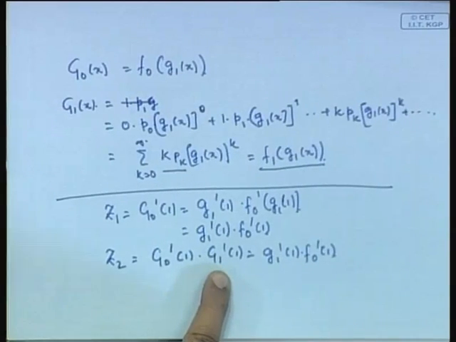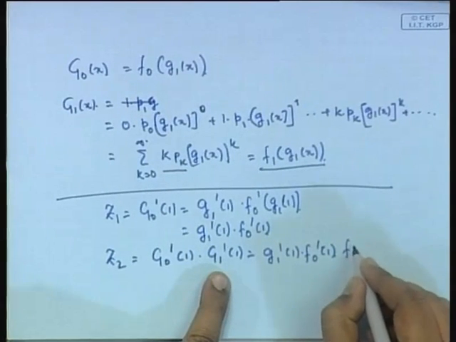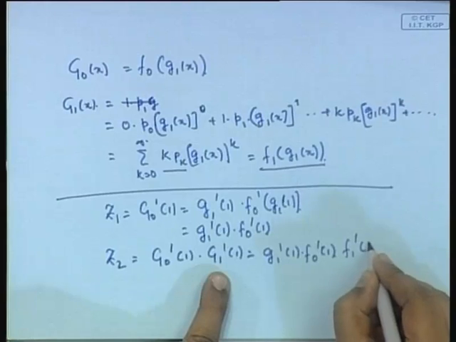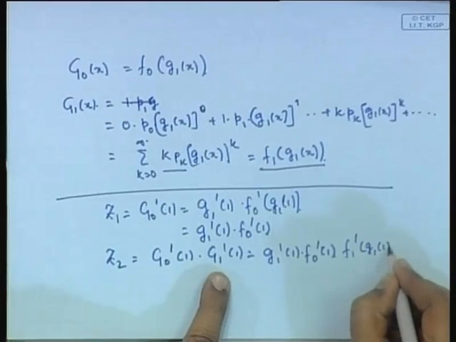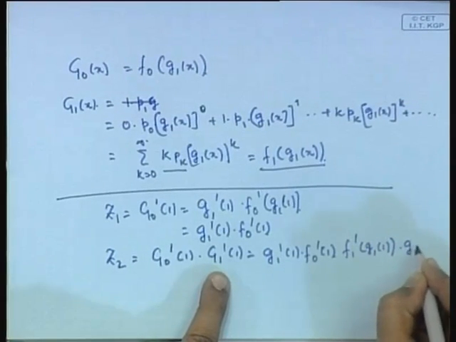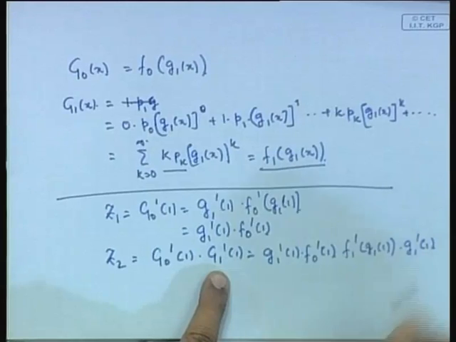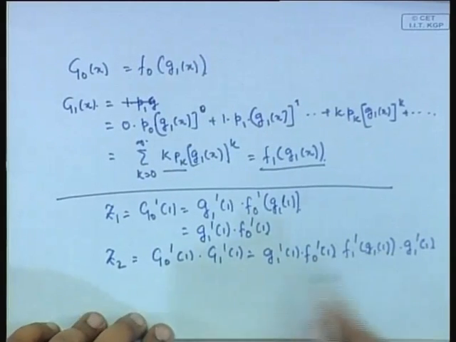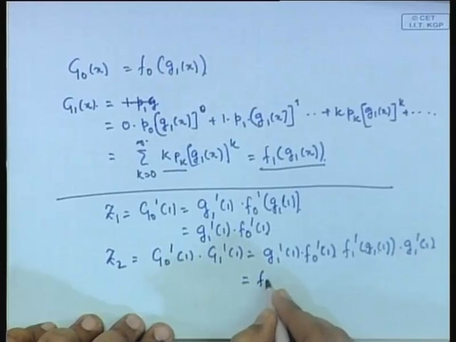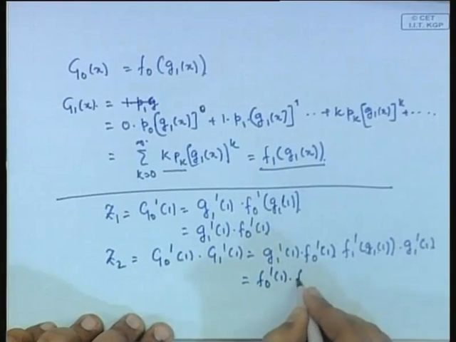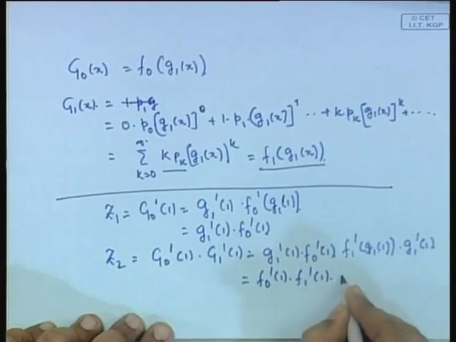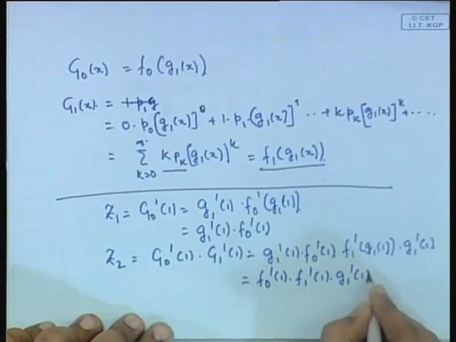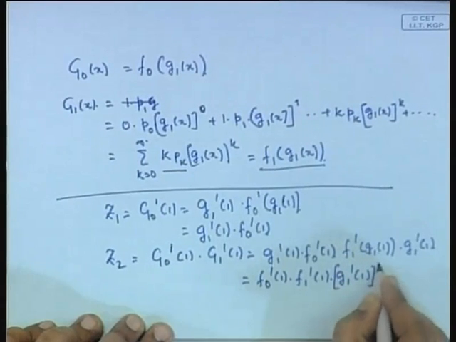F1 dash, F1 dash G1 1 into G1 dash 1, and we know F1 G1 1 is 1. So, what we can write is F0 dash 1 F1 dash 1 into G1 dash 1 whole square.